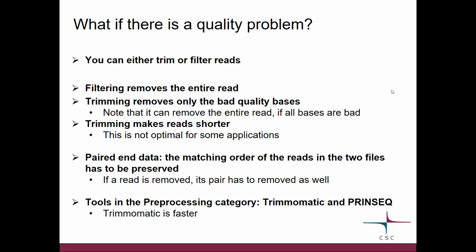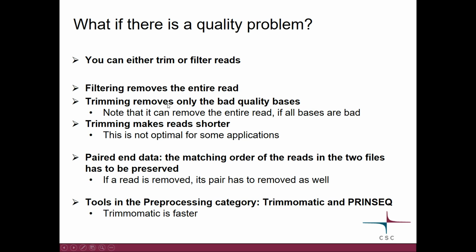So what then if there is a quality problem in your data? The options are that you can either trim the reads or filter the reads. If you filter reads, then if a read has some bad bits, the whole read will go. Whereas trimming, and typically you start from the bad end, removes only those bad quality bases.